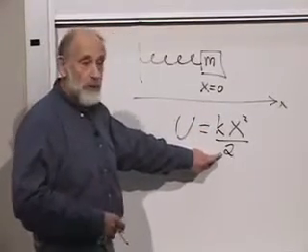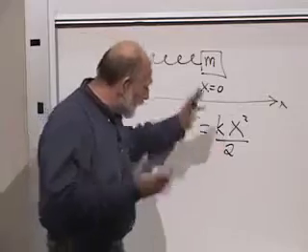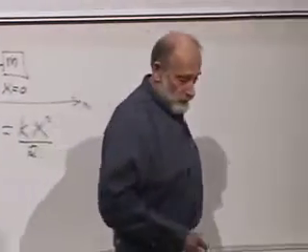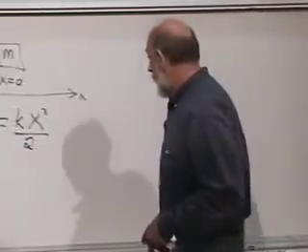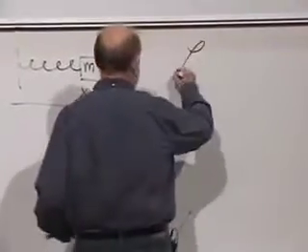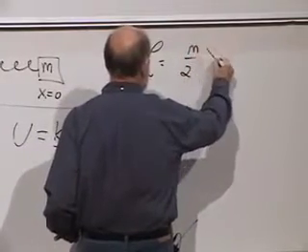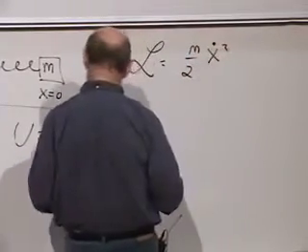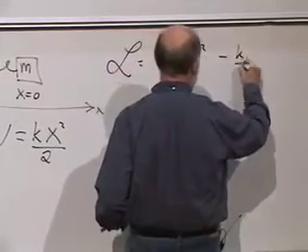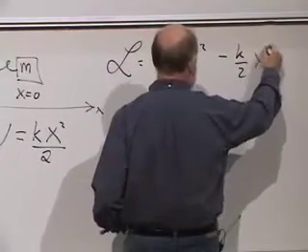The 2 is simply a matter of definition. K over 2 is the coefficient in the energy. The Lagrangian is then 1/2 mv squared minus k over 2 x squared.